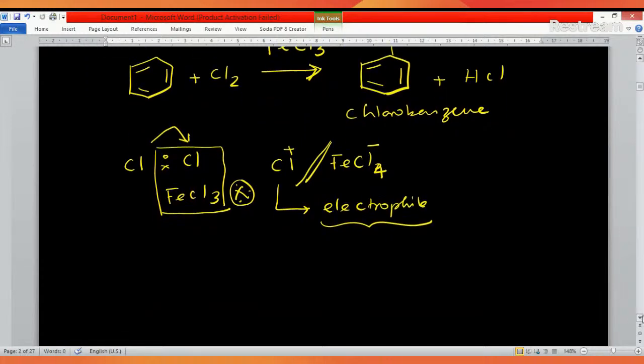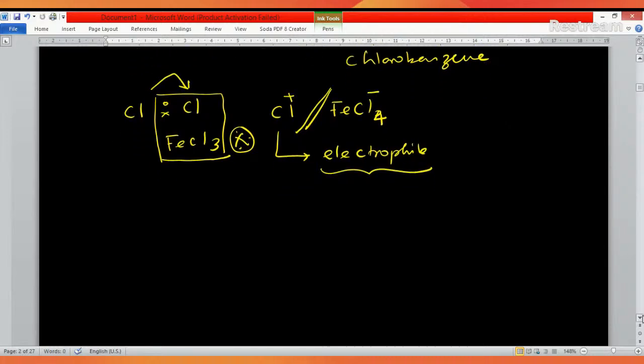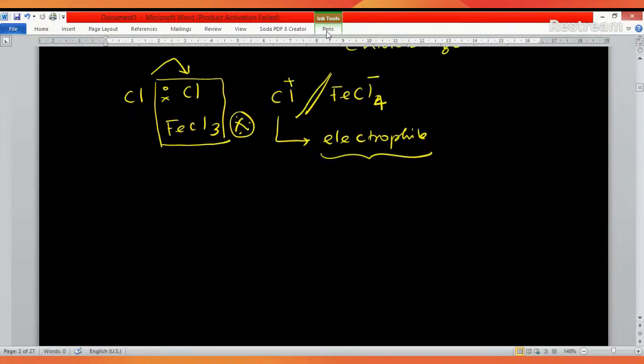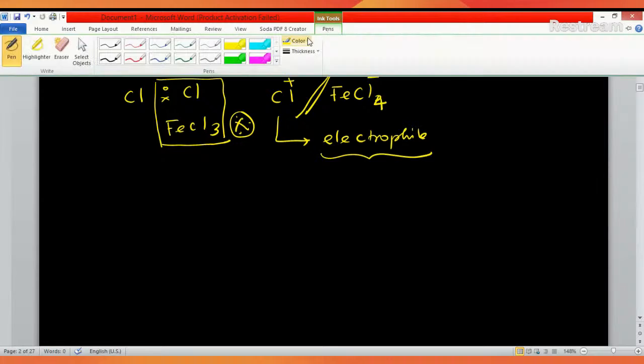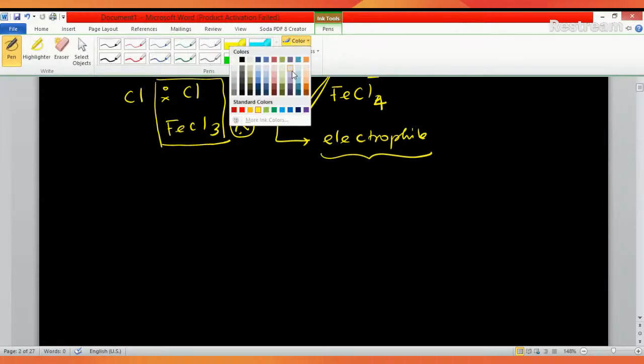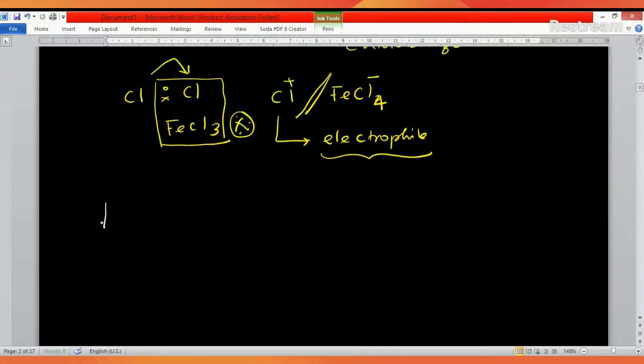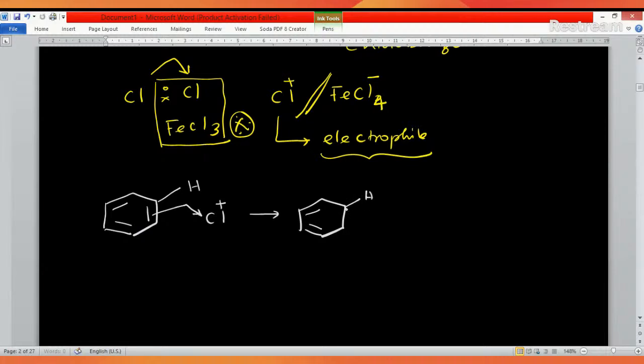So in the next stage, the reaction mechanism as usual can be explained as follows. I'm writing that mechanism. Take a benzene ring in which in one position one of the hydrogens is drawn outside. When the Cl plus is approaching, the pair of electrons is available for the Cl plus, so that in the usual manner you can have an intermediate.